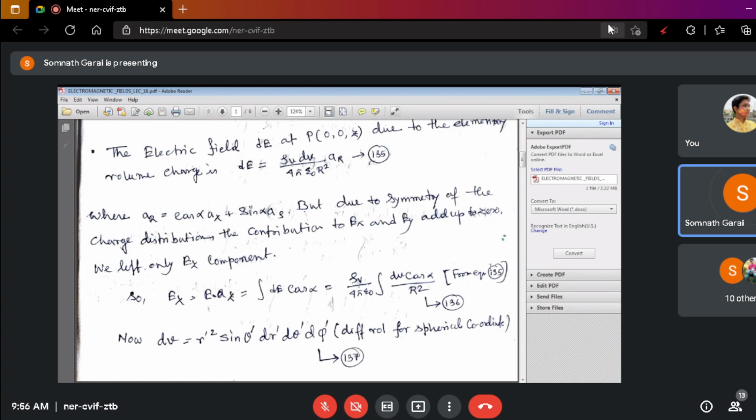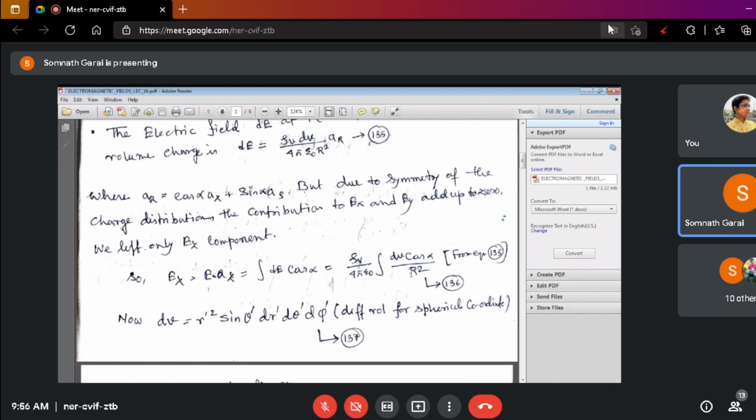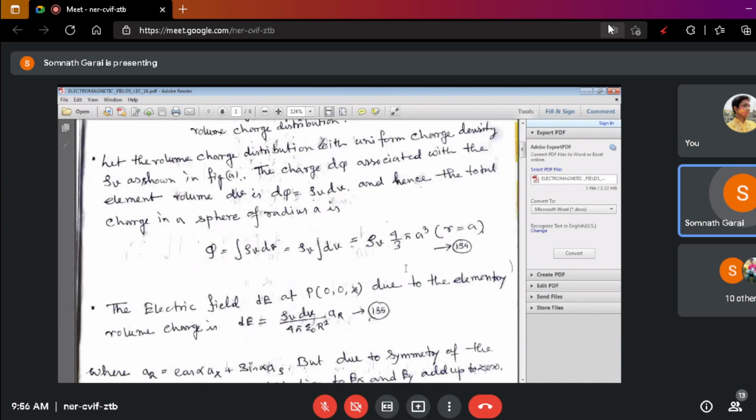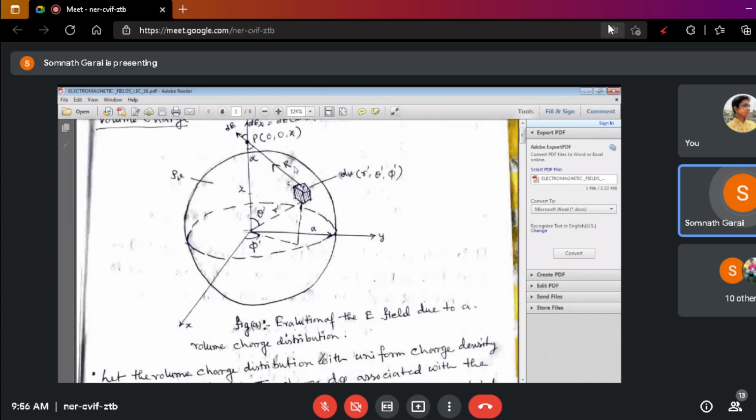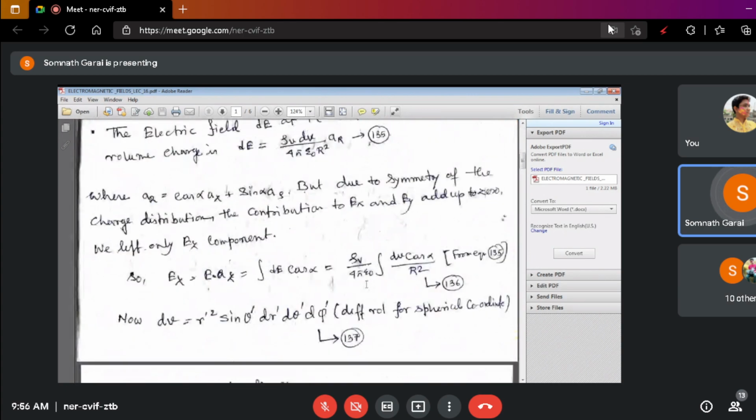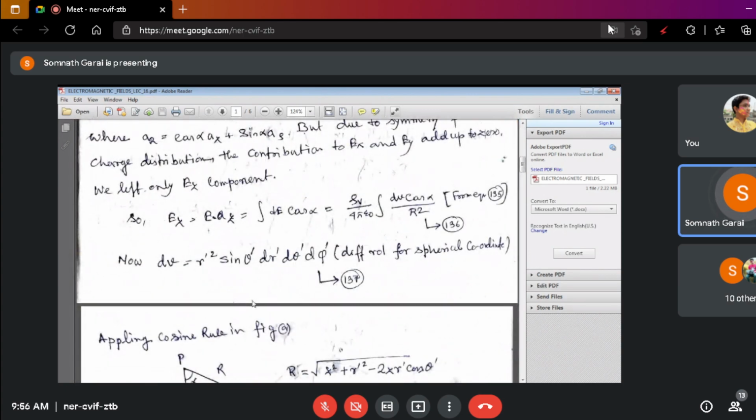Now the dv is the differential volume, and this is the differential volume in spherical coordinates. We know that the differential volume in spherical coordinates is given by r squared sine theta dr d theta d phi. It is already calculated in the differential volume in the spherical part.